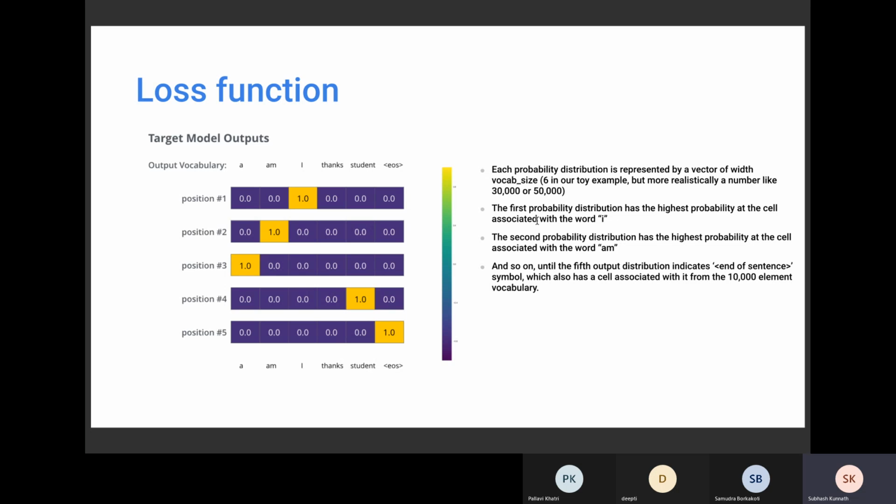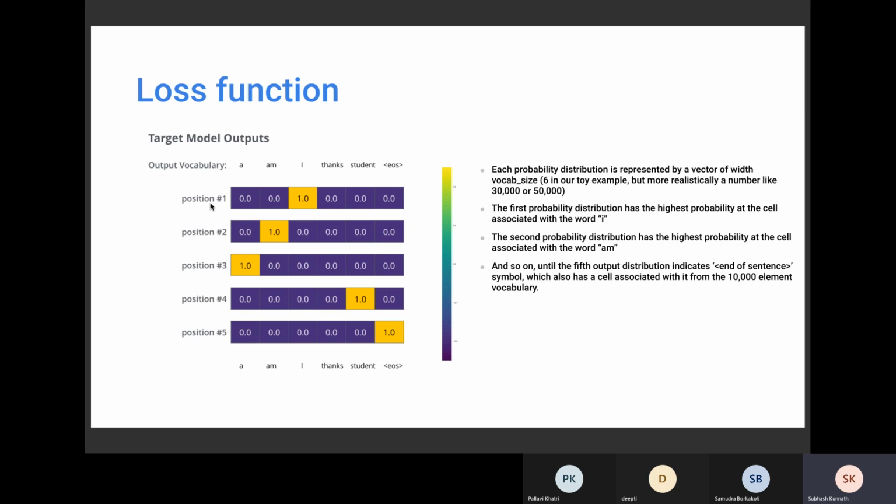And once the system is trained on a large corpus, you will have properly set parameters, and then subsequent decoding happens. Usually your output probability distribution is a vector with vocabulary size, of the order of tens of thousands.